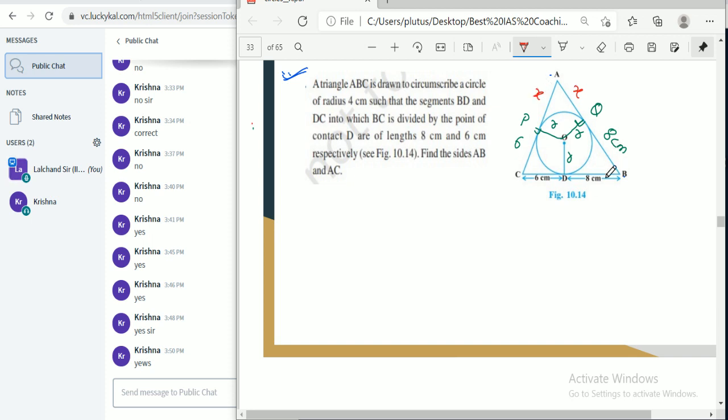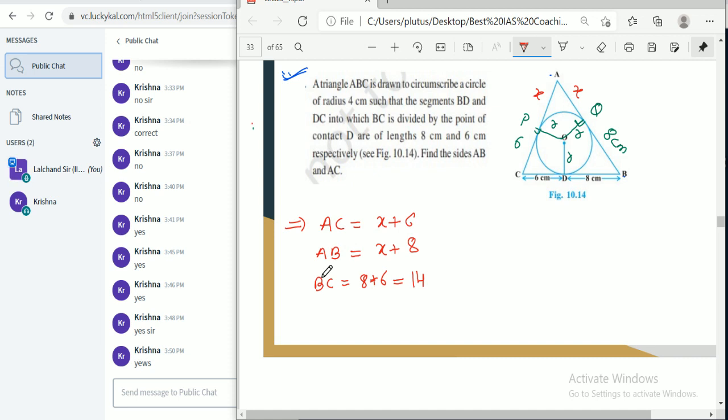So if we write all the values here, AC is equal to X plus 6, AB is equal to X plus 8, and BC is equal to 8 plus 6, that is 14 units. These are the sides. Now we need to find the value of X. If we have X, then we can find AC and AB too.